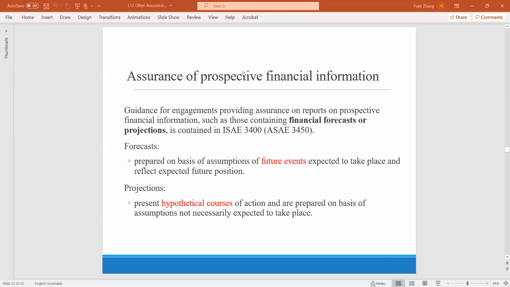Usually it is a reasonable level of assurance or a limited level of assurance. Can you answer the question?